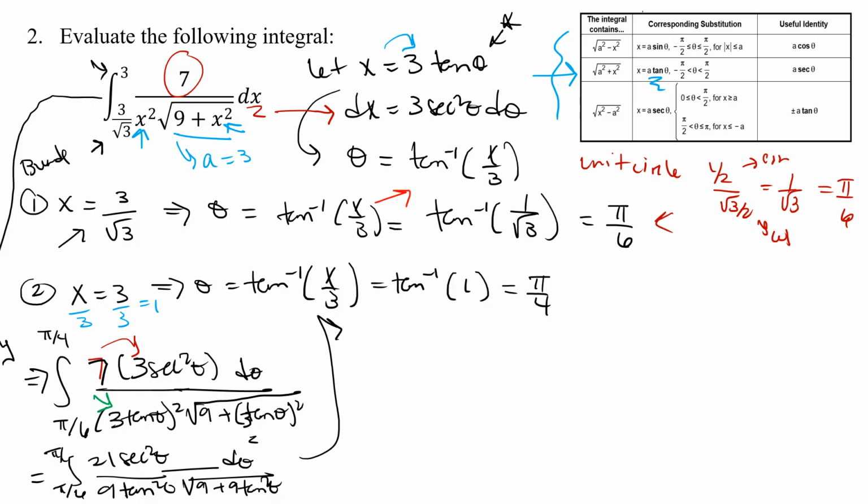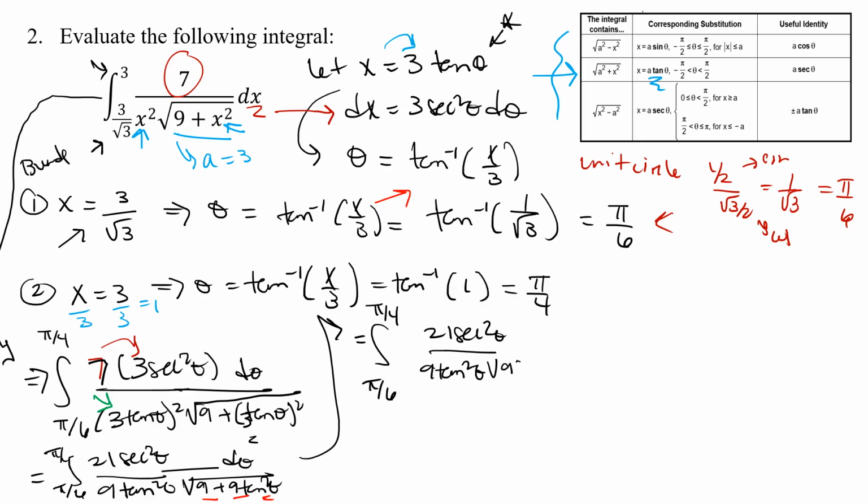All right, so now let's see, what do we have here, okay? So if we want, we can go ahead and we see that we have a 9 here and a 9 here. So we're going to factor out a 9 there. And then you're going to see that we have a 1 minus tangent squared, okay? So we're going to leave the numerator 21 secant squared theta. And then in the bottom, we have our 9 times tangent squared theta.